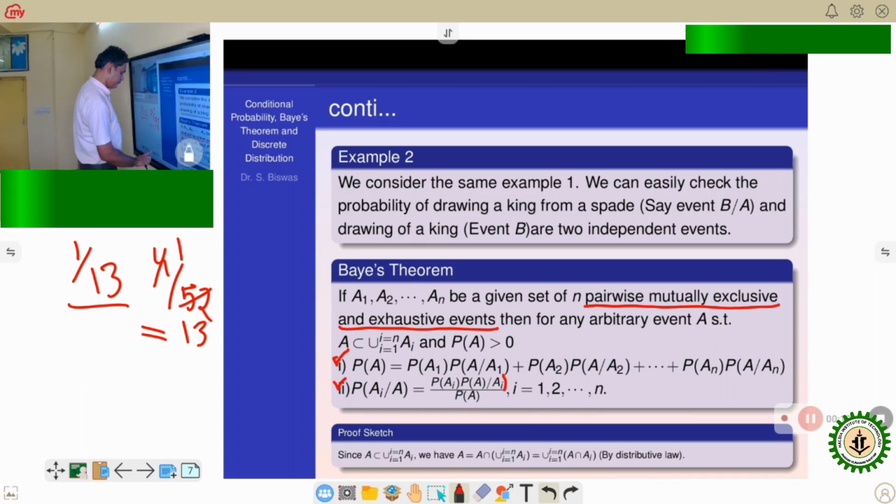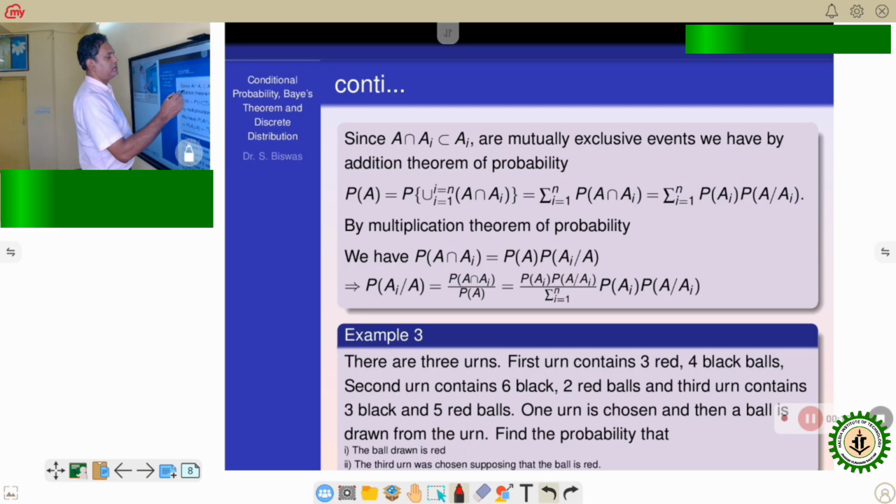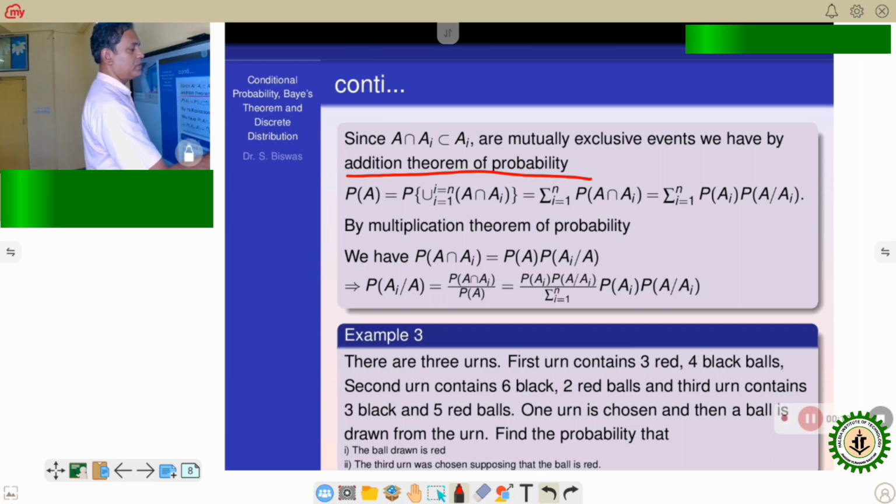Now, since A intersection Ai are mutually exclusive events, we have by the addition theorem of probability, P(A) can be written in this way, which is equal to the sum for i equal to 1 to n of this.